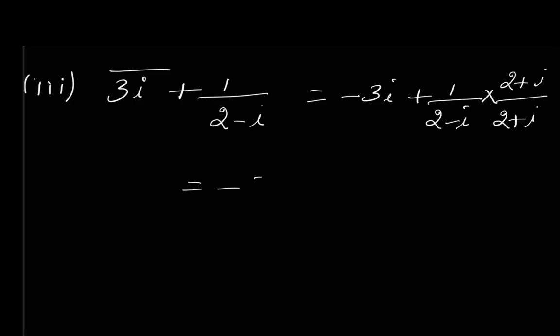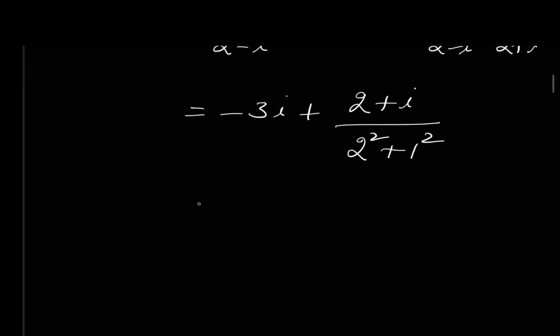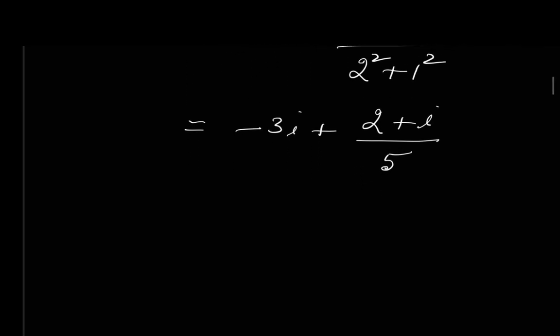So this is equal to minus 3i plus (2 plus i) by a square plus b square, 2 square plus 1 square. So minus 3i plus (2 plus i) by 5. 2 square is 4, plus 1 is 5. See, minus 3i plus, you keep the real part separate, 2 by 5 plus i by 5.